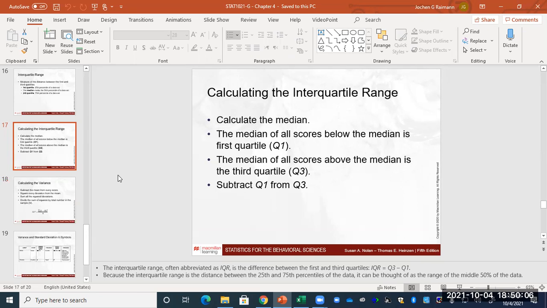So you take the lower 50%, which is from the median downwards, B22 to B41. You do the median of those, and then you do Q3 by taking the median of B2 to B21. Yeah? All right.